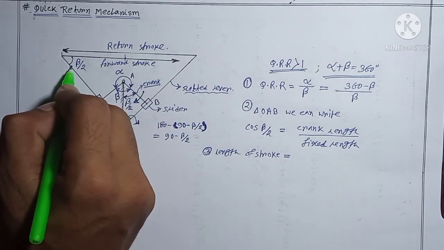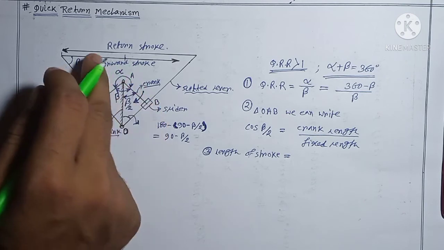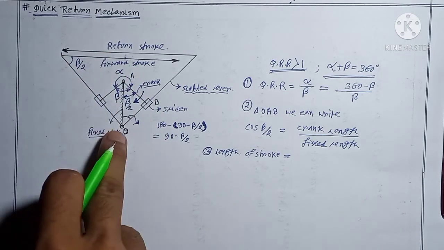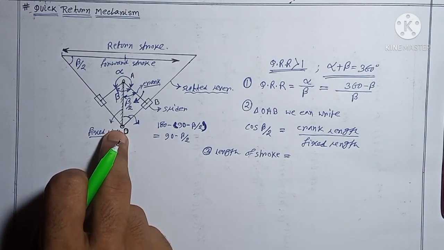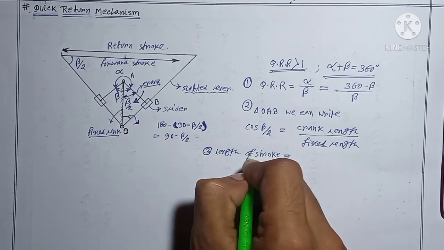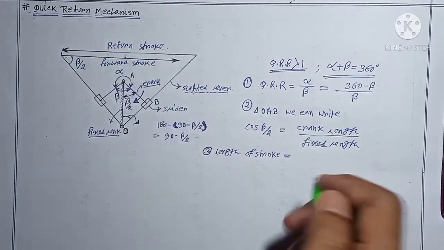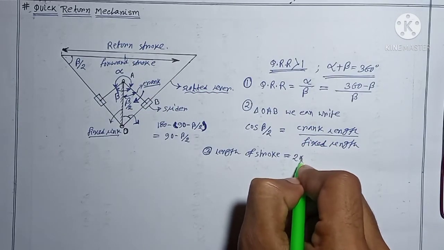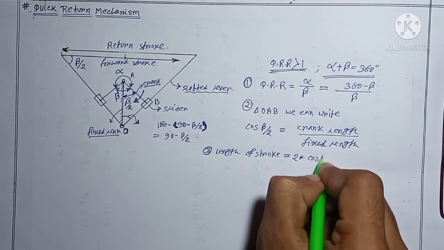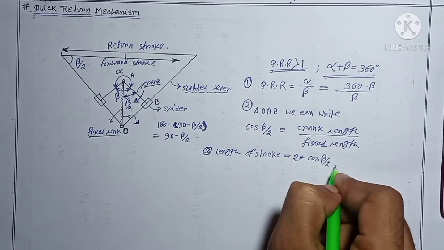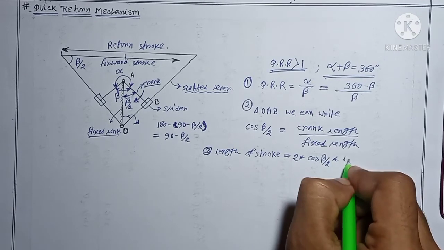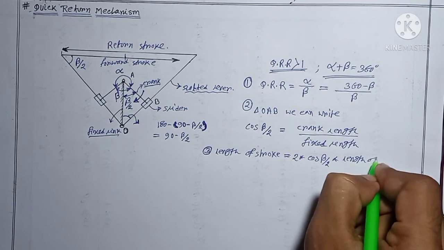So cos beta by 2 can be written as half of the stroke length divided by the length of the slotted lever. So if we want the total stroke length, we have to multiply 2 into cos beta by 2 into length of slotted lever.